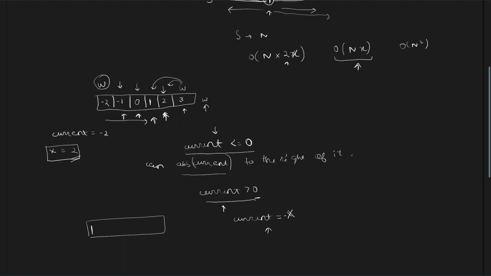If the value of current at any index becomes greater than the value of x, our answer will be no, because there will be no Wi-Fi that can cover more than x rooms, right? So this is our whole idea. And how do we change the value of current at each index? We just increment the value of current, and as soon as we encounter a position where we have a Wi-Fi, we reset the value of current to -x. So this is our whole approach.